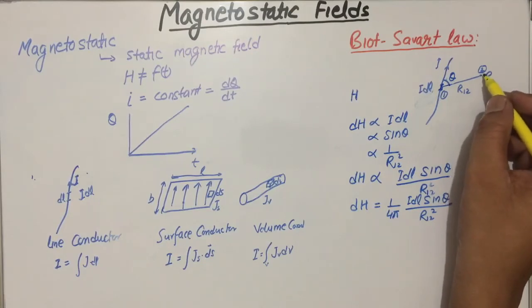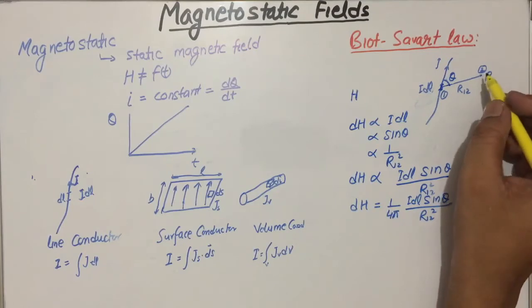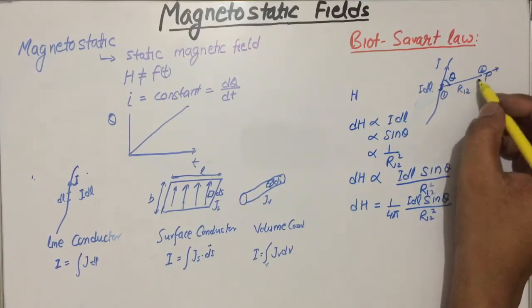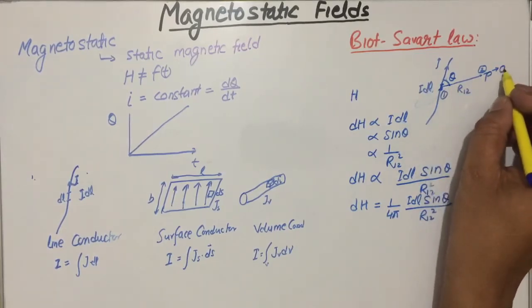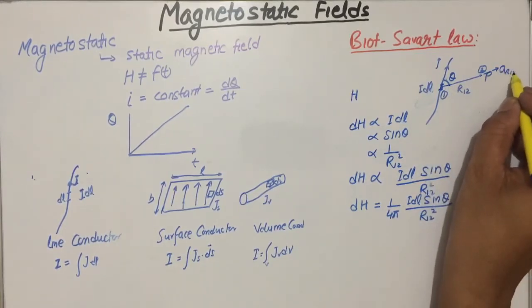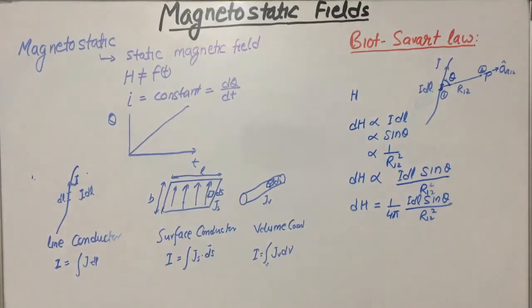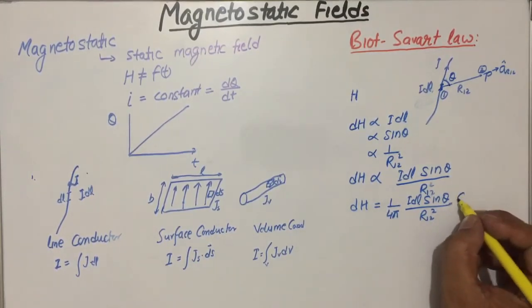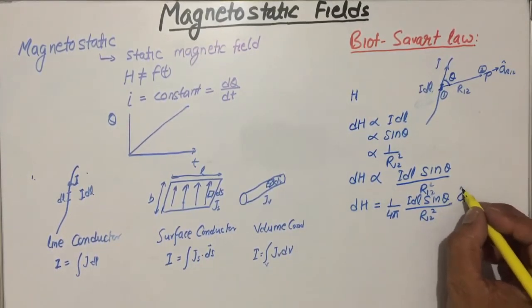As the field is a vector quantity, it will have a direction, which will be in the radial direction of the radius vector, R12 cap, so it will be in the direction of AR.